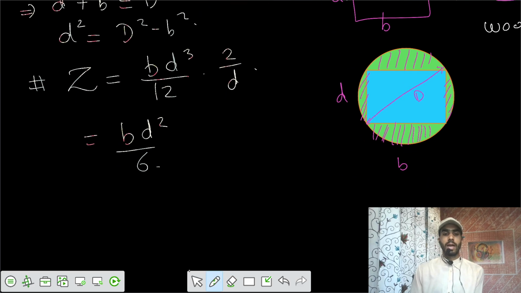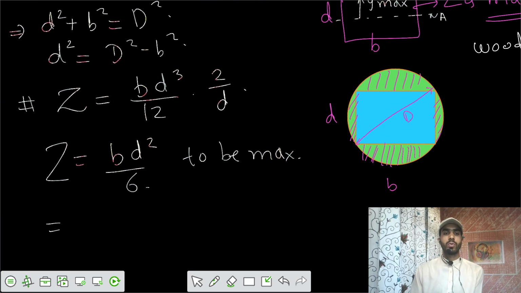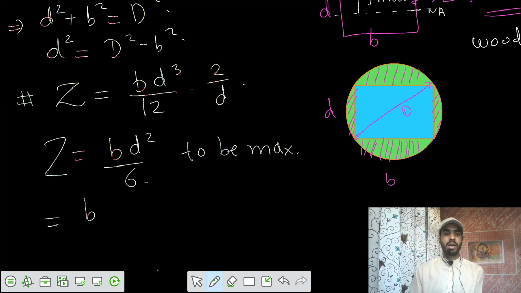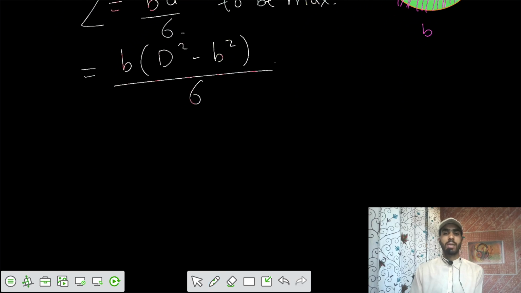So we want this Z value to be maximum. We substitute the value of d square equals D square minus b square. So we can write b times (D square minus b square) by 6 to be maximized. Let's take dZ by db, with respect to b. Now we have only one variable, that's b. So we say dZ by db equals 0.